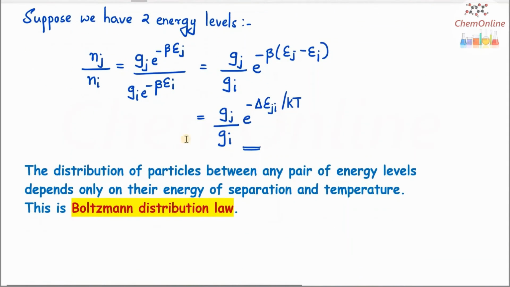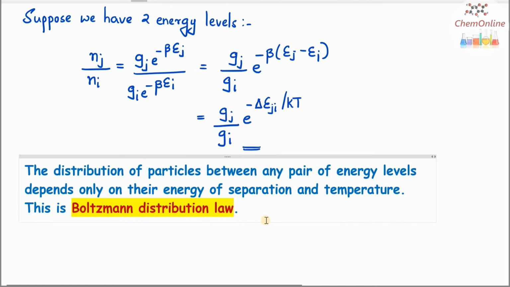Okay. So from this we can say that the distribution of particles between any pair of energy levels will depend only on their energy of separation, that is Δε, and also temperature, since Nj/Ni equals e^(-Δε/kT).